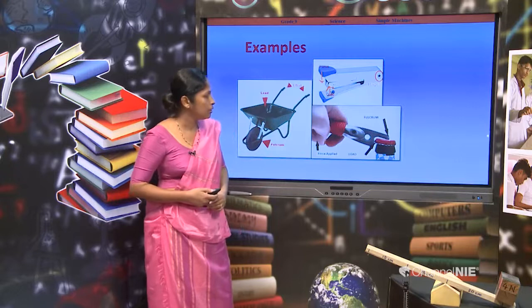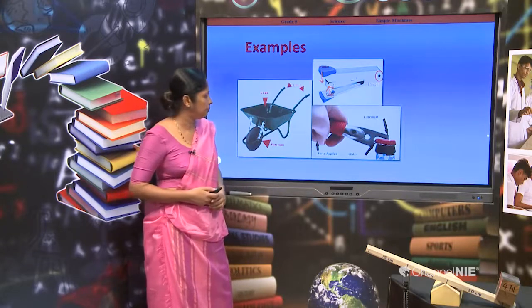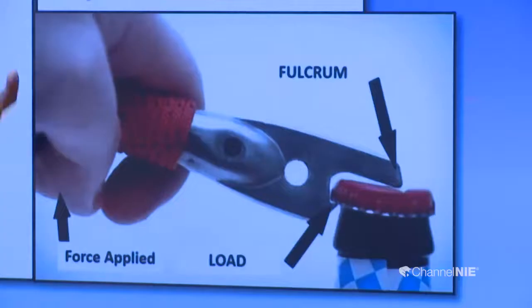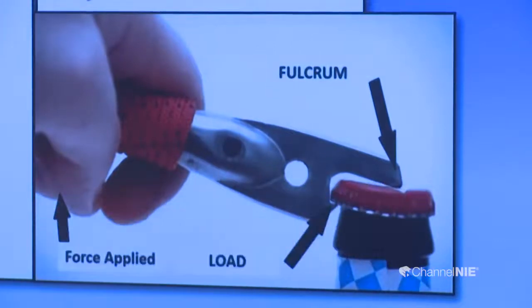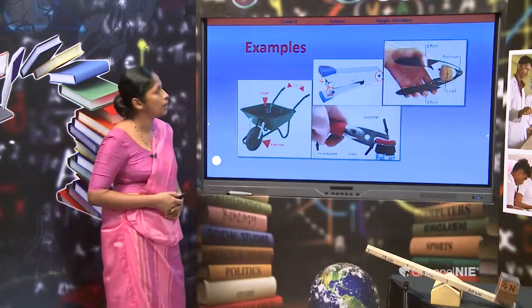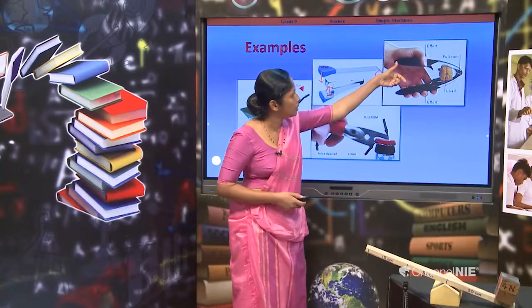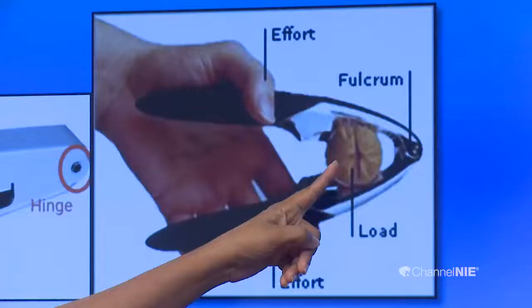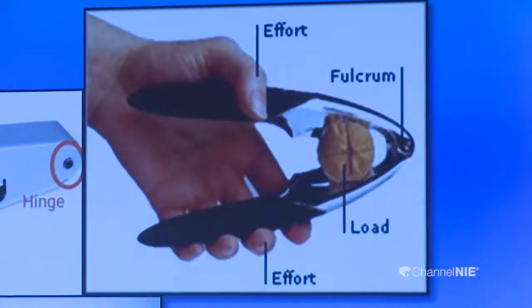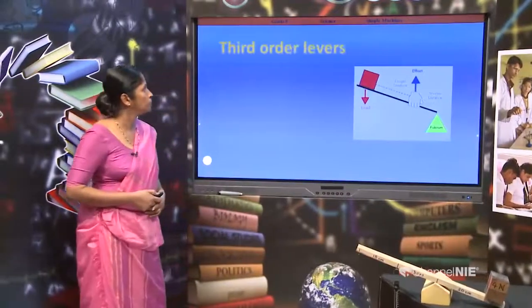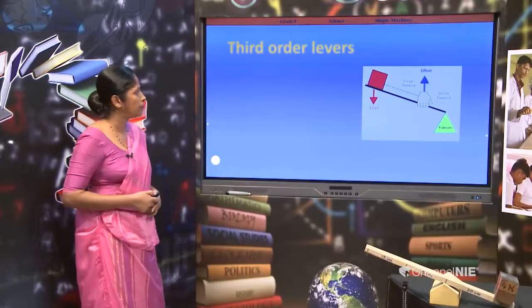Removing a lid of a fizzy drink bottle, force applied, load and fulcrum. A nutcracker, effort is exerted, here is the load in the middle of fulcrum and effort. Third order levers.